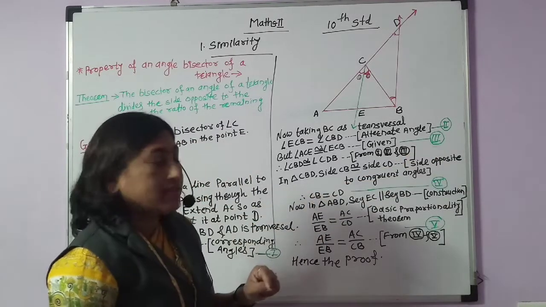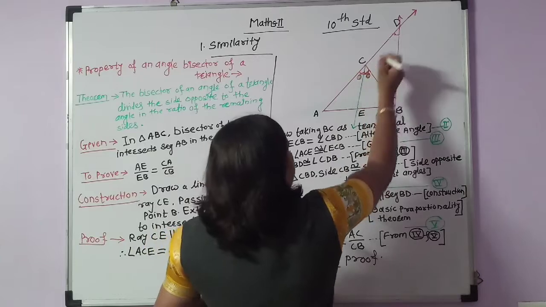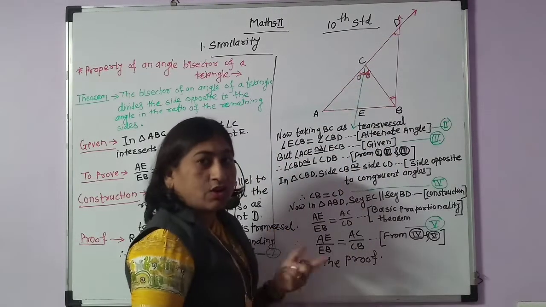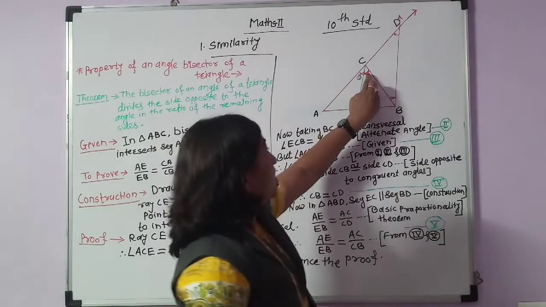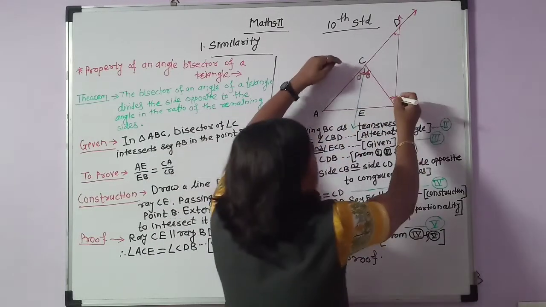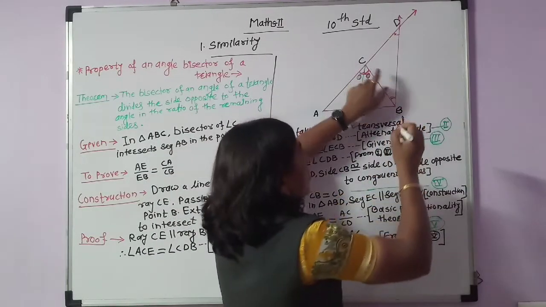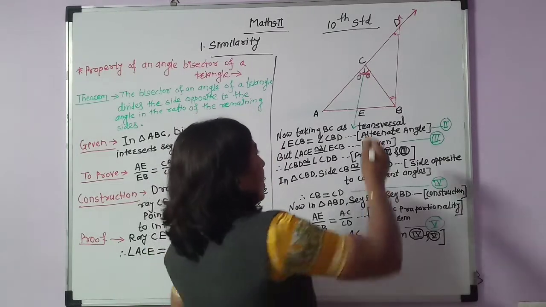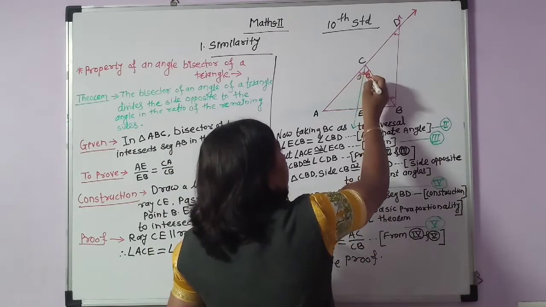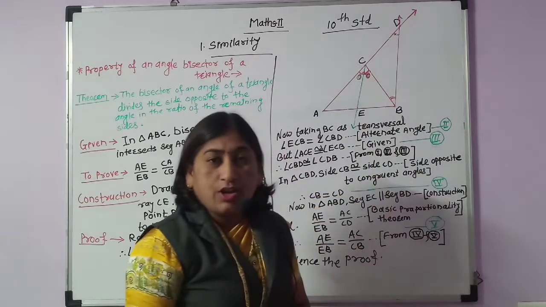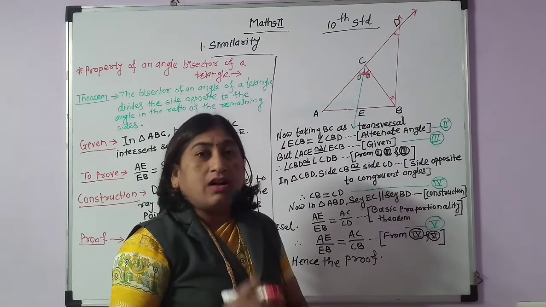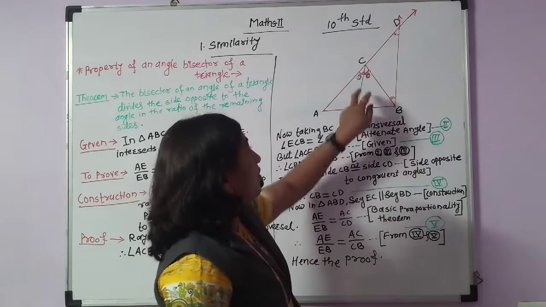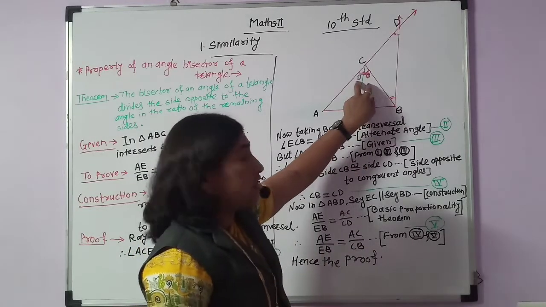Therefore, we can write here, see, these two angles are corresponding angles, so they are congruent. Again, these two angles are congruent because they are alternate angles. Next, these two angles are also congruent because they are angle bisector angles.